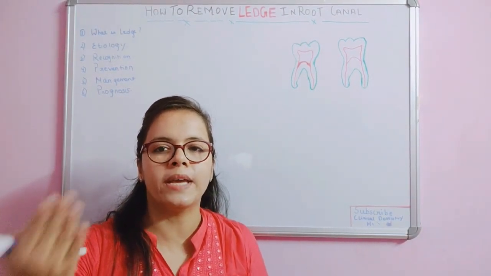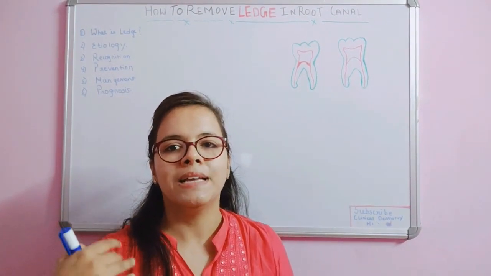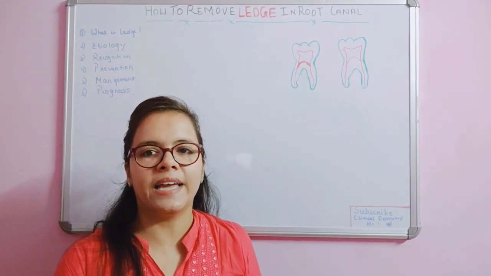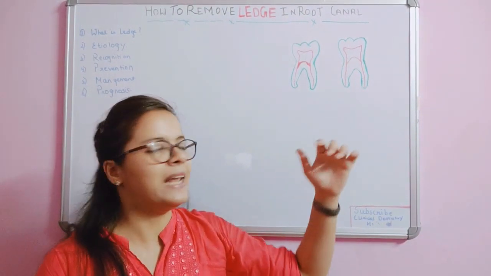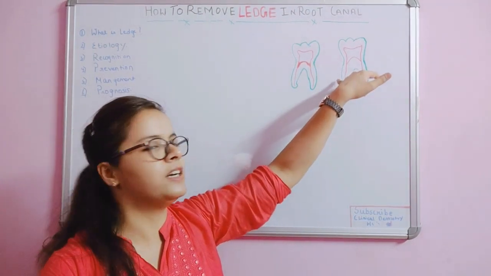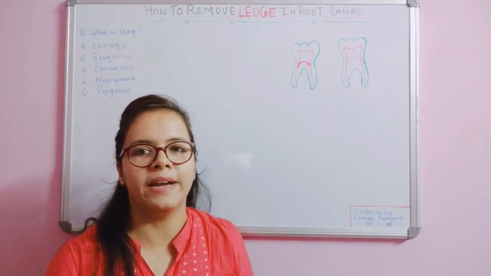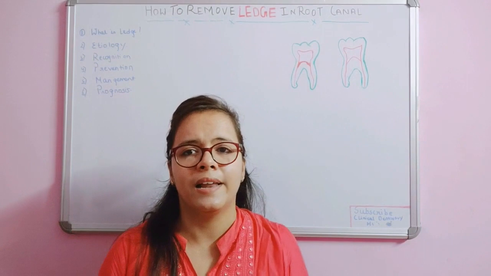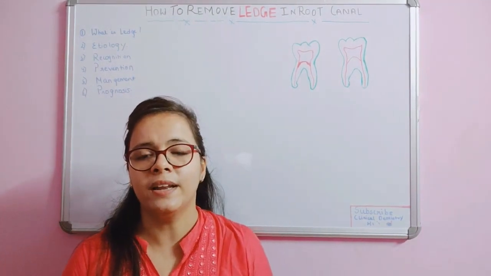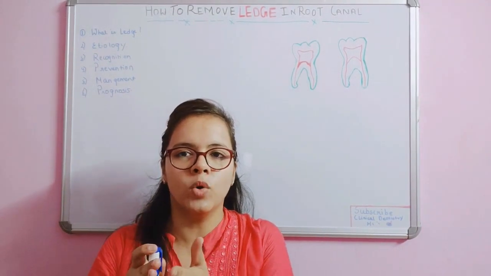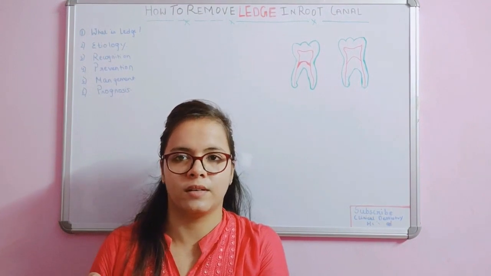It was just going up to 18 mm or 17 mm. In that case, you feel that your file has been stuck over here and is not going up to 21 mm. You suddenly feel like you have lost tactile sensation. That's what leads to ledge formation.